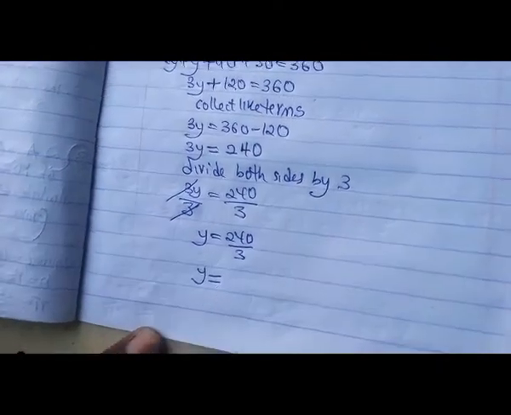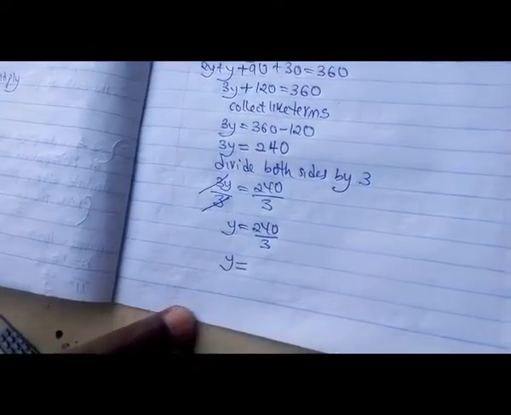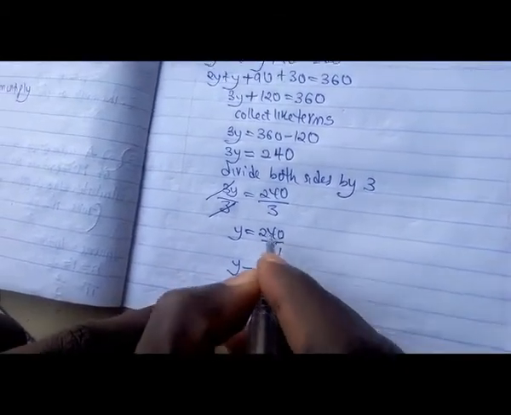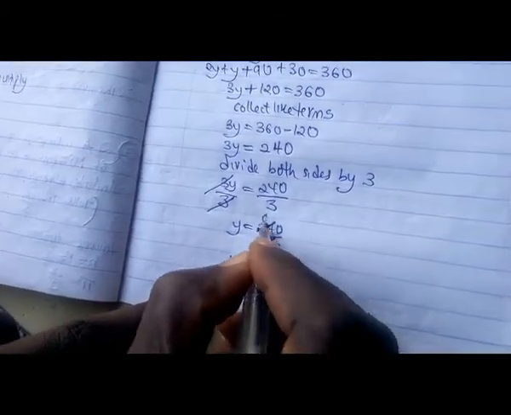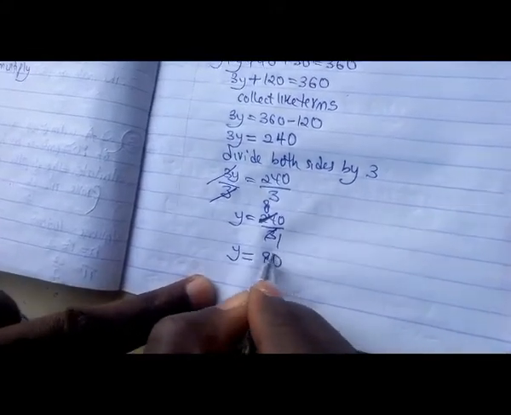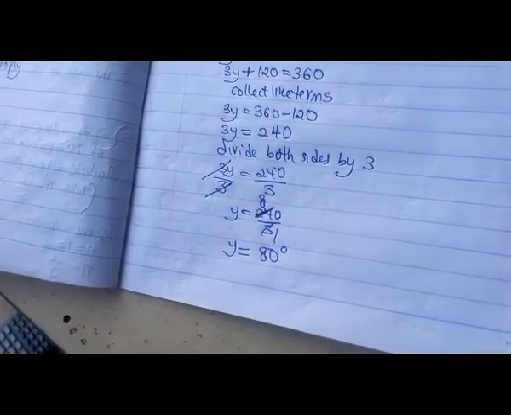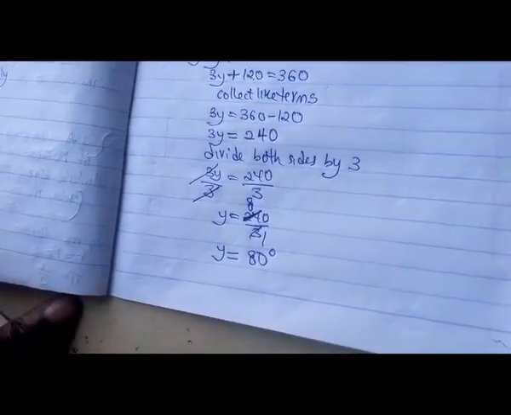So we have to divide by 3. 3 in 240, that's what? 3 in 24 is 8. Right? So that means y is what? 80 degrees. So that's the end of this question.